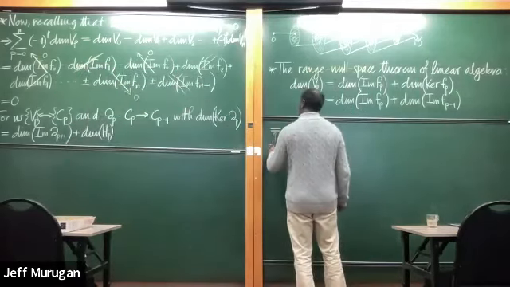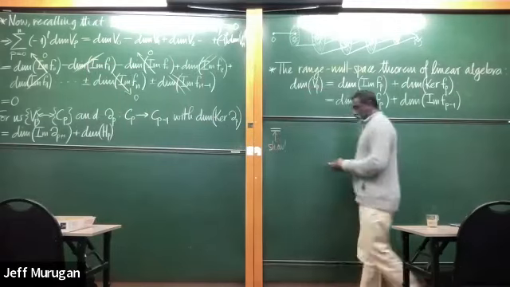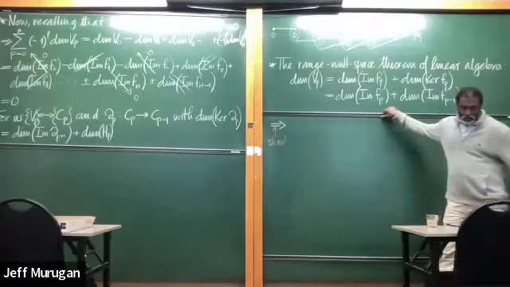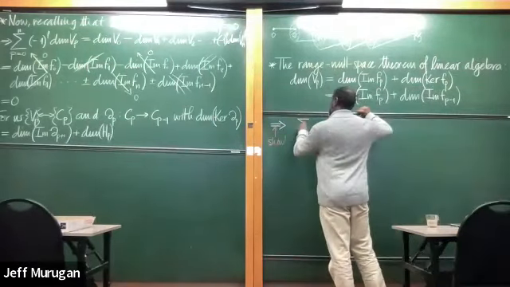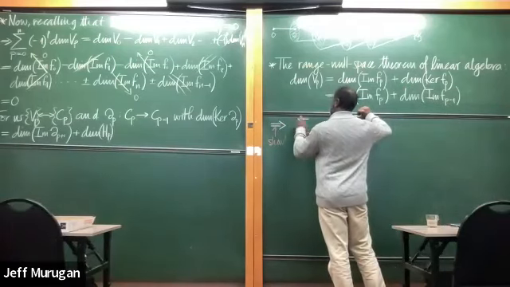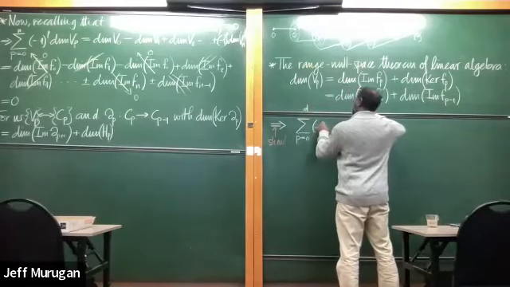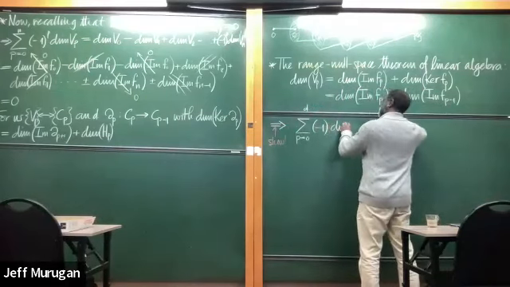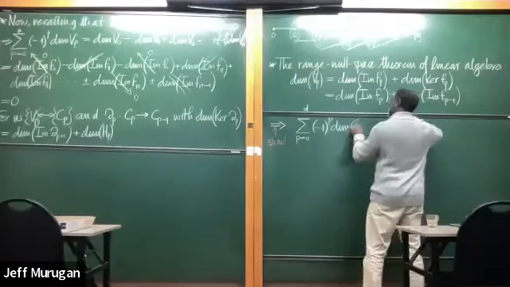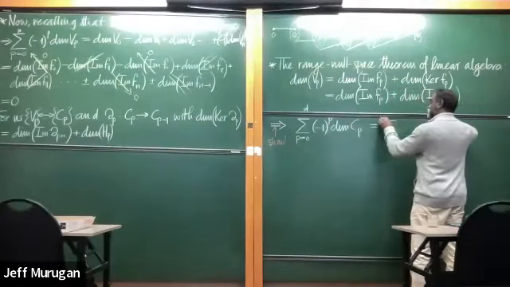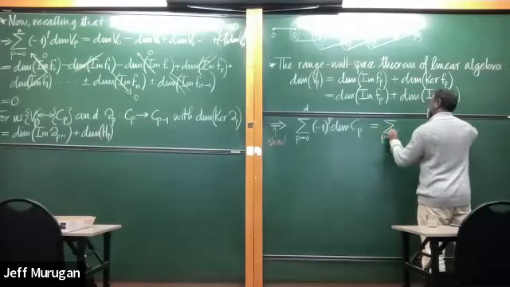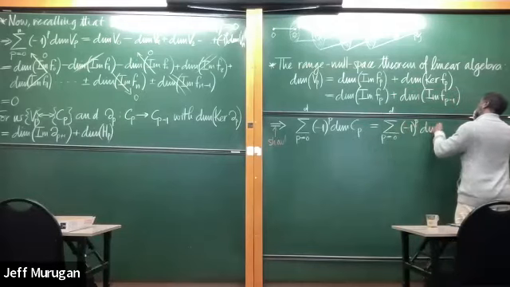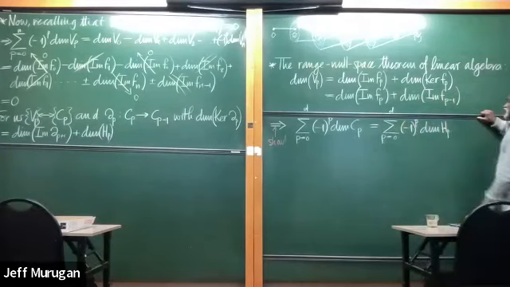So that the sum from p equals naught to d of minus 1 to the p dimension of Cp is equal to the sum from p equals naught to d of minus 1 to the p dimension of Hp.